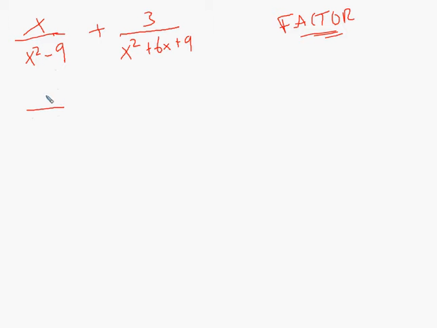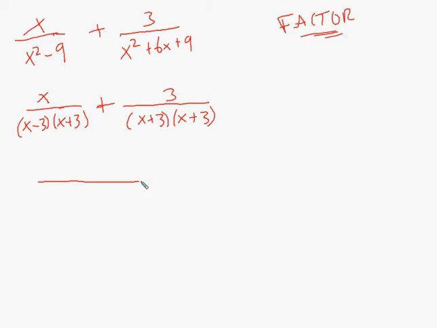So when I factored the first denominator, what do I get? x minus 3 and x plus 3. And in the second fraction, when I factored that, x plus 3 and x plus 3. So now, let's take a look. What is my common denominator? Well, I have an x minus 3 on the first fraction, don't I?